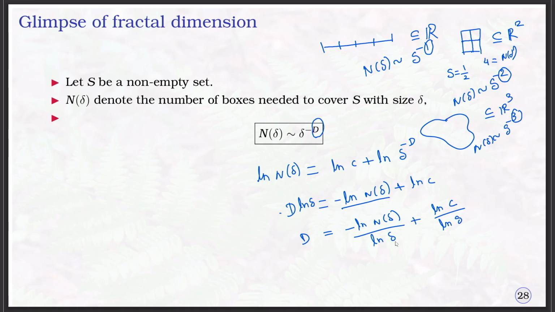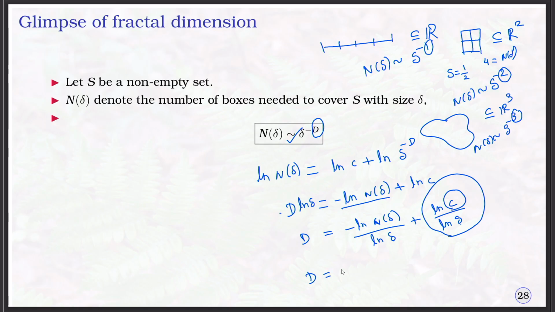So, here whenever delta is increasing or decreasing, n of delta either increases or decreases based on the delta. We have the inverse relation. Okay. Now, the C is the constant number. Whenever this delta approaches 0, this quantity will be equal to 0, or we ignore this term.